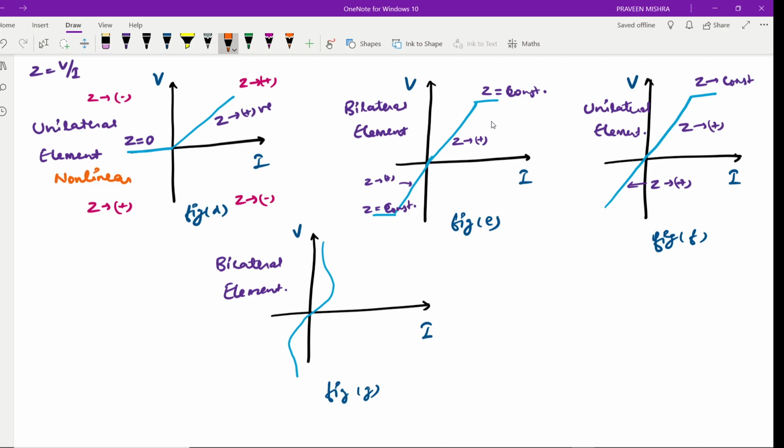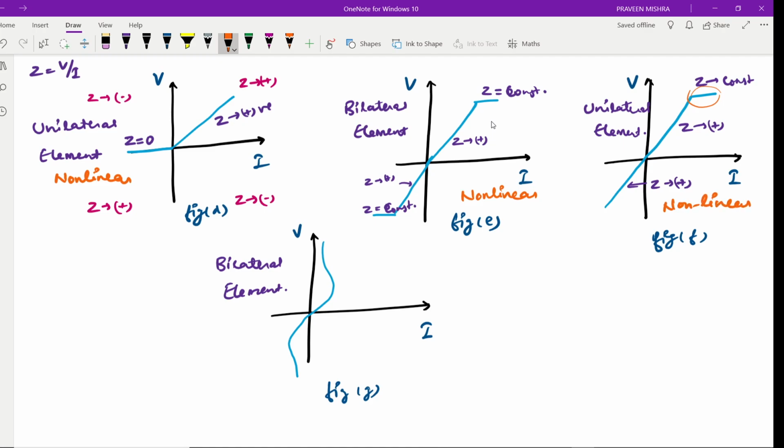It is a characteristic passing through the origin, but it is not a straight line, that's why it becomes non-linear. The same condition applies here. If this part were not there, it would be linear. But because this part is there, it will be non-linear.